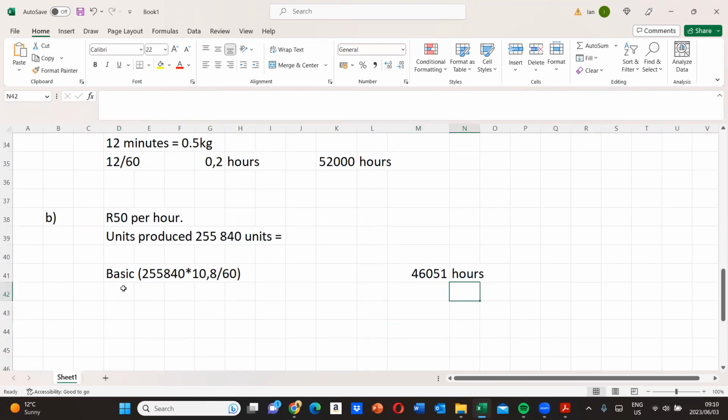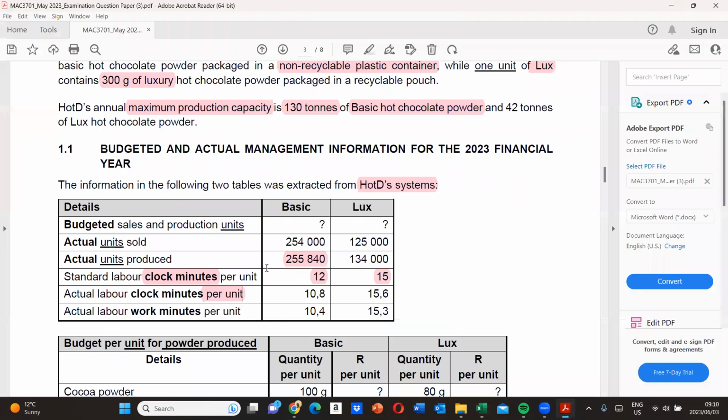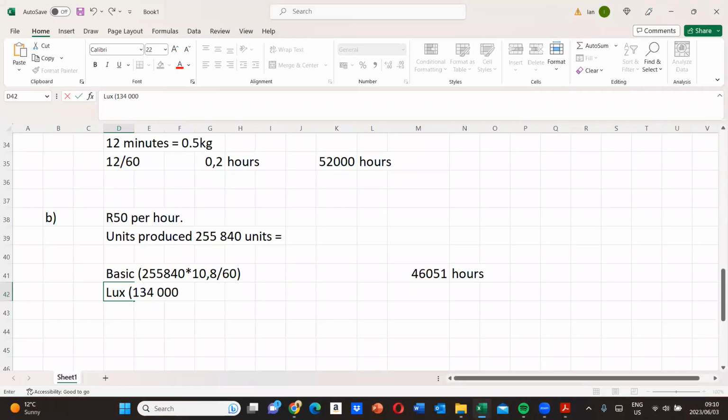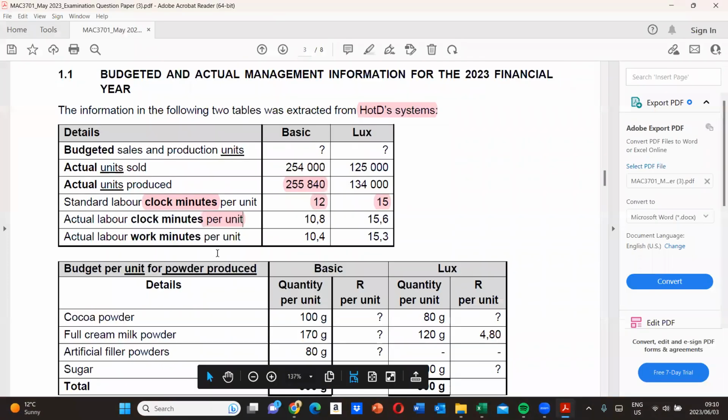And then Lux, we do the same again. Let's see what is happening with Lux. We also produced 134 units of Lux. How much time is it taking us to make one unit of Lux? One unit of Lux is taking us 15.6.